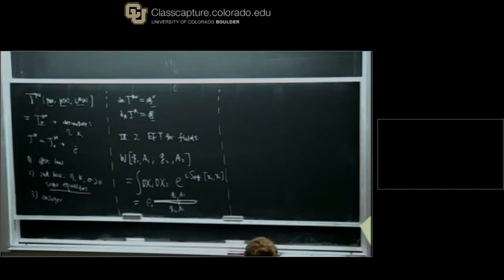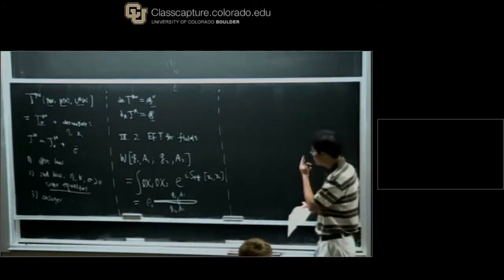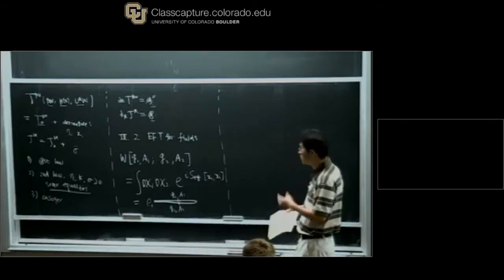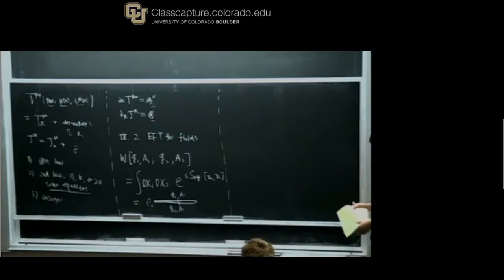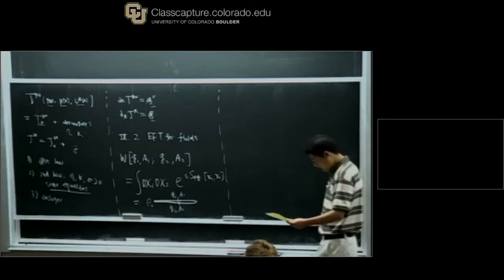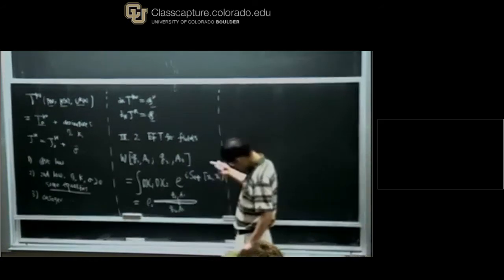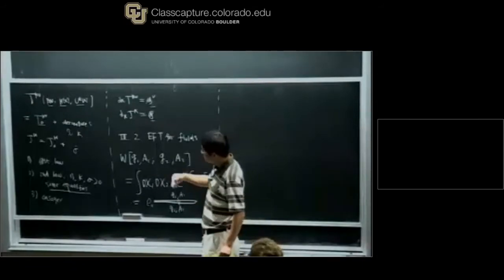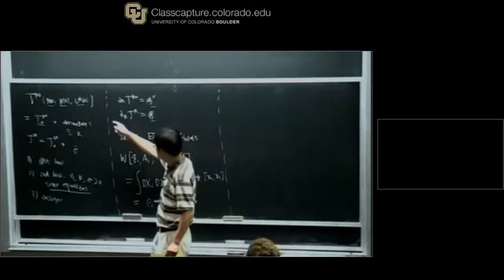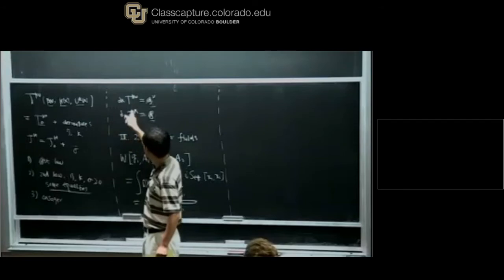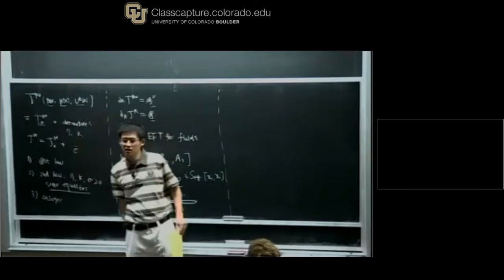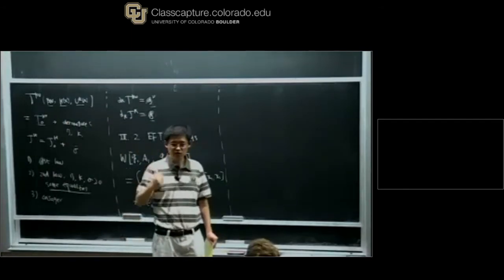The reason is very simple. There are various reasons. First, people have tried for many years, and they could not really do it. Another reason is that when you look at the equations of motion for those variables, actually they're first order.